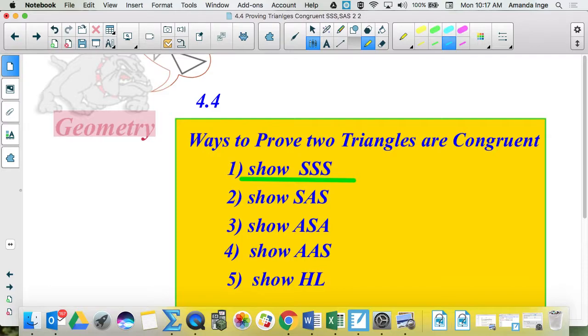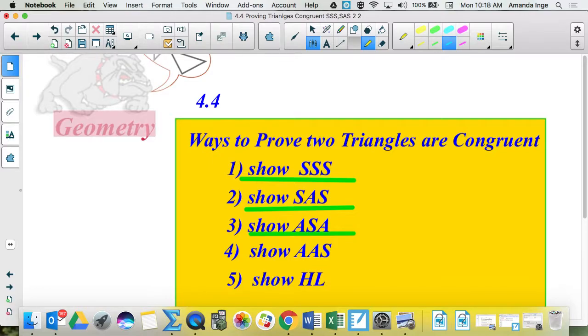The second way is to show that side angle side, meaning 2 sides and an included angle, are congruent, and the triangles are congruent. The next way is to show angle side angle, which means you have 2 angles and an included side.